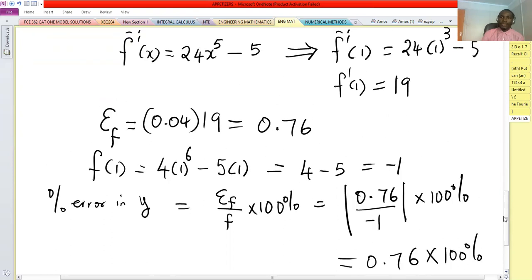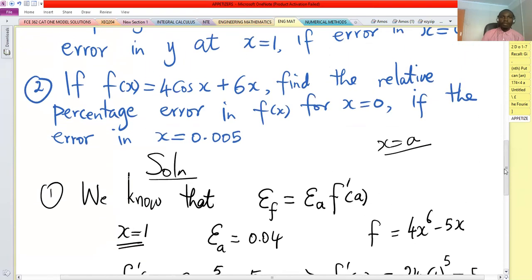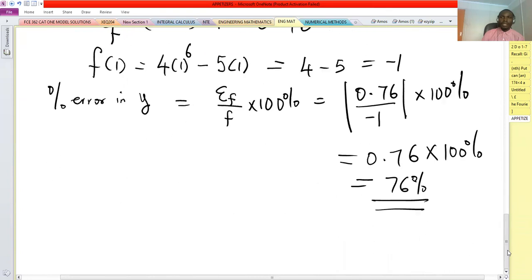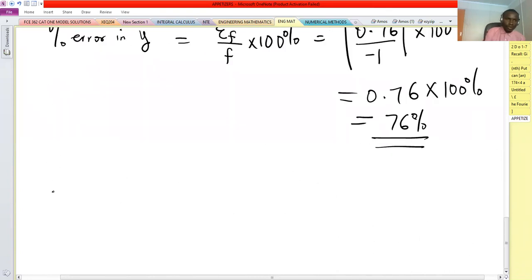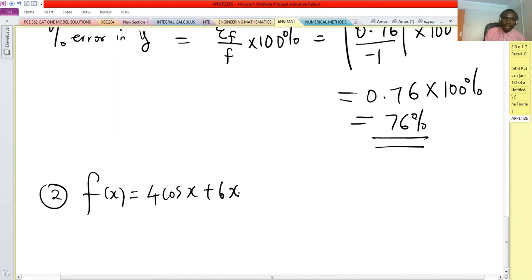Now, appetizer number 2, the function is 4 cos x plus 6x. So f of x is 4 cosine of x plus 6x. This means that the derivative of this function will be negative 4 sine of x plus 6.